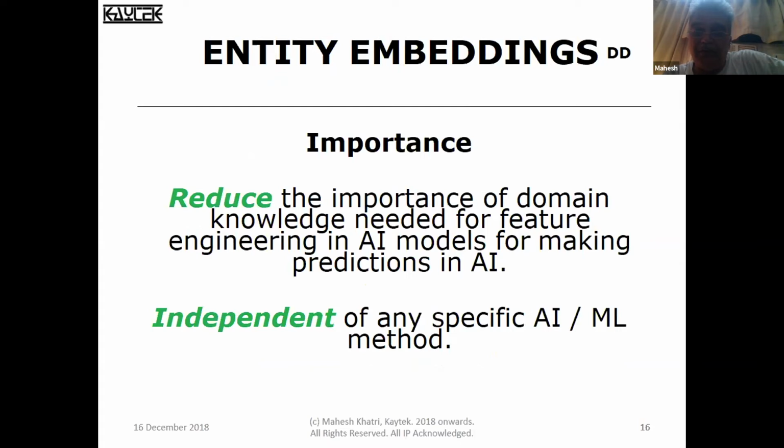In fact, in the presentation made at the Kaggle competition, the people who won the third prize were people who had no knowledge of the retail sector. I'm talking about the Rossmann stores competition. The first and the second prize winners were people who had very detailed knowledge of the retail sector. So this is the first point, that the domain knowledge requirement gets reduced.